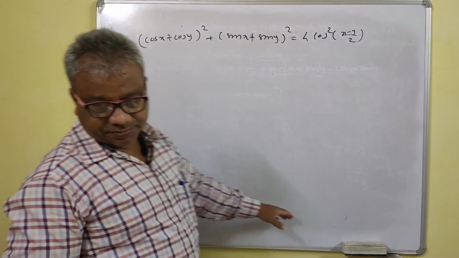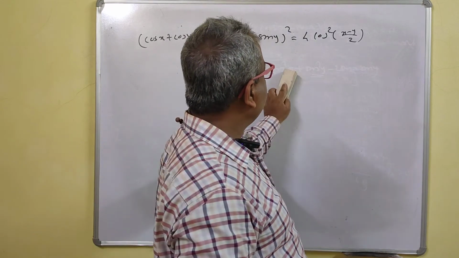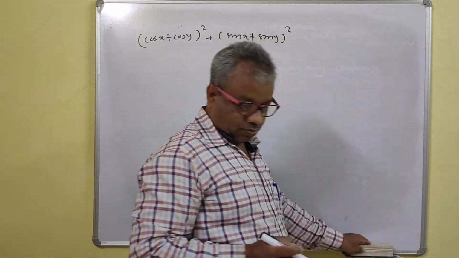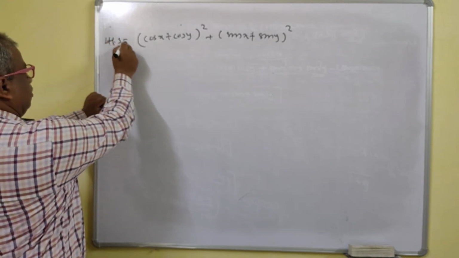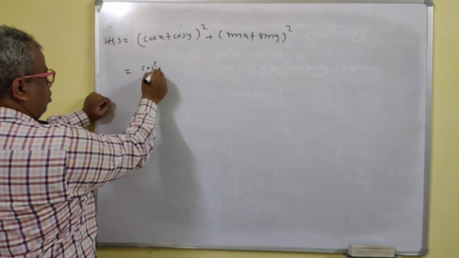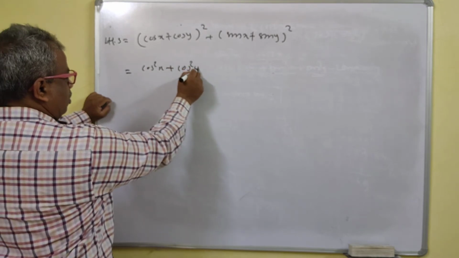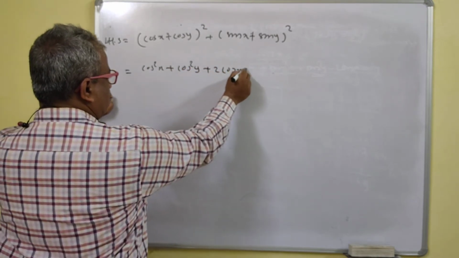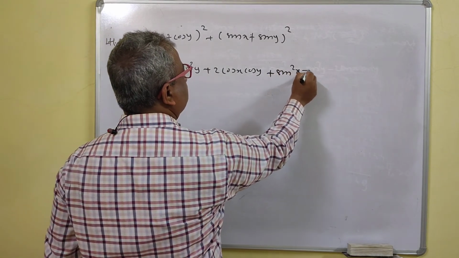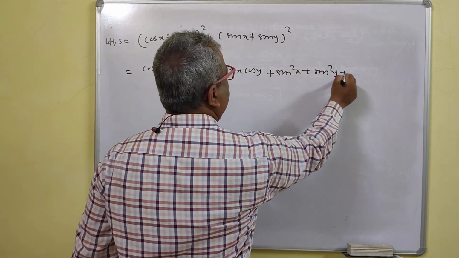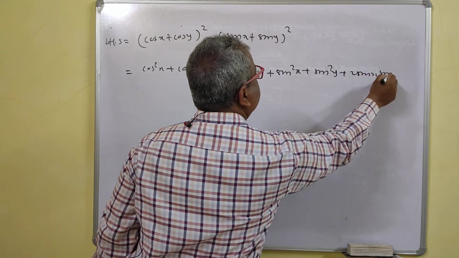So we'll take LHS. This is cos square x plus cos square y plus 2 cos x cos y plus sin square x plus sin square y plus 2 sin x sin y.